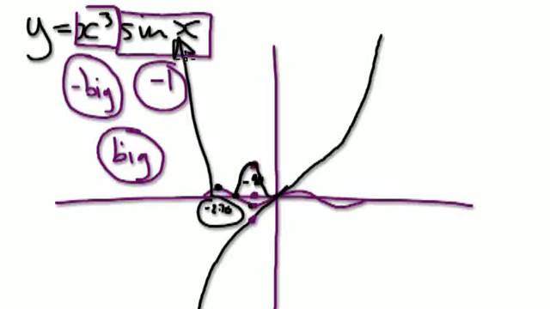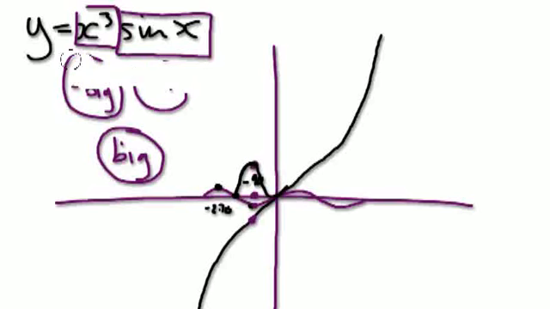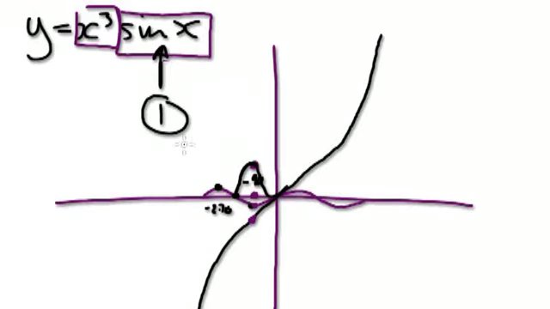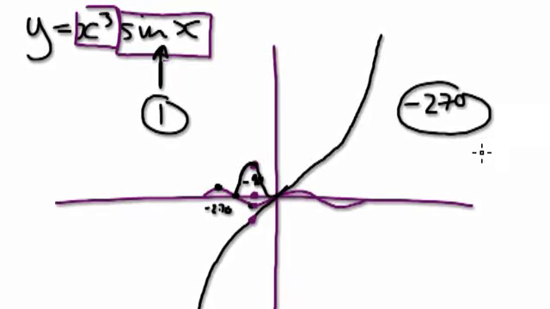The only hard part is when it's on the negative side. Now, when you put negative 270 into the sine block, this block will become positive 1. And then negative 270 put into x to the power of 3 means multiplying it by itself 3 times.